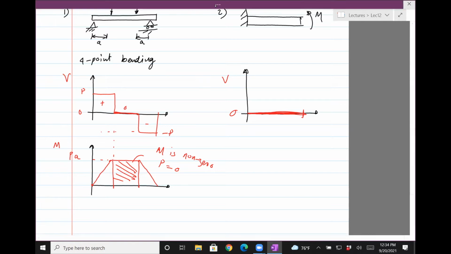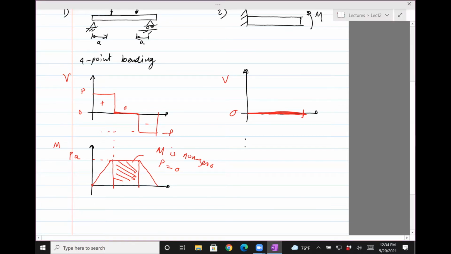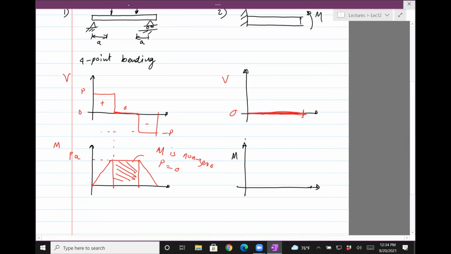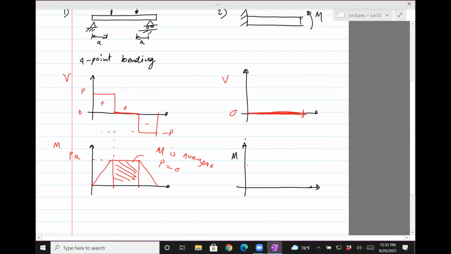Then let's draw the bending moment diagram. This one is going to have a constant bending moment, whatever the M applied is, let's call it M0.